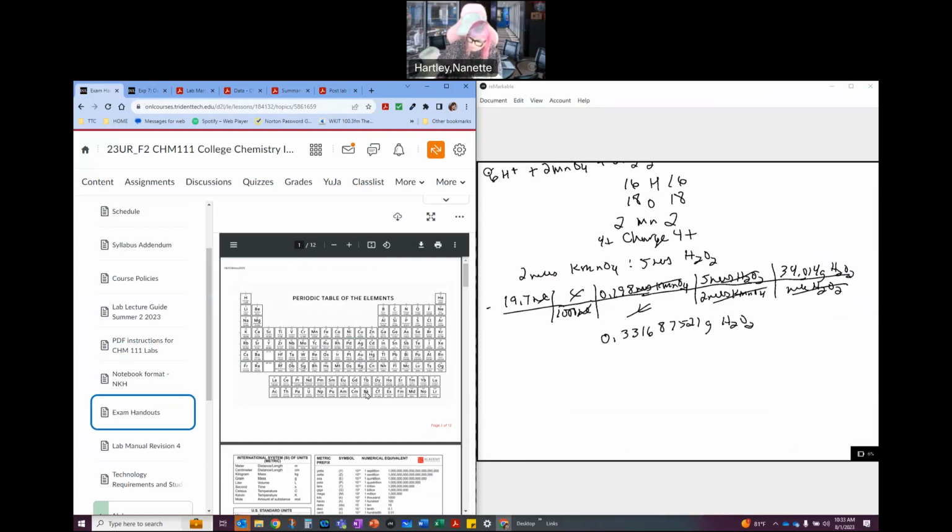Now this number right here is 3 sig figs, so this answer should be 3 sig figs: 0.332. That's what we see.